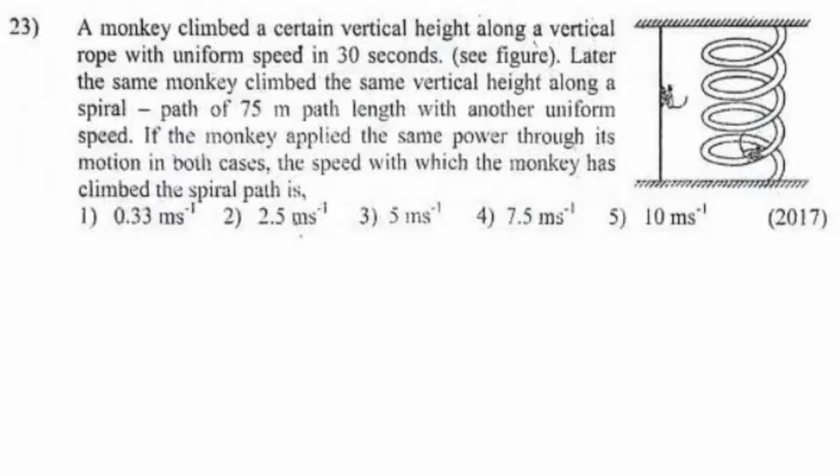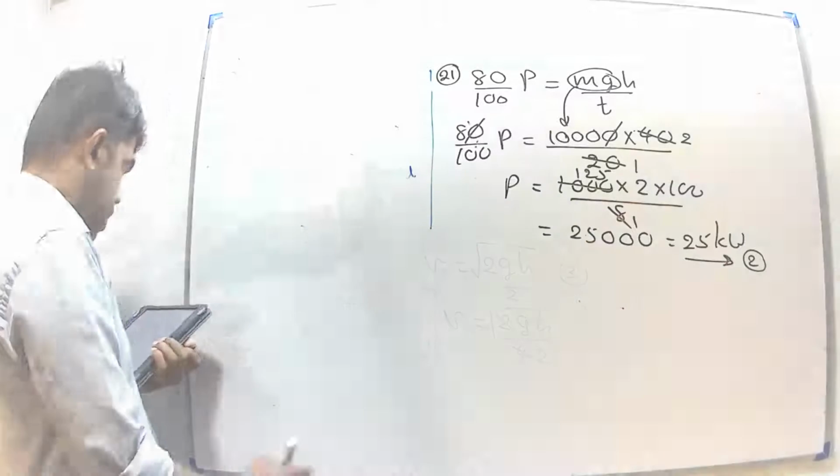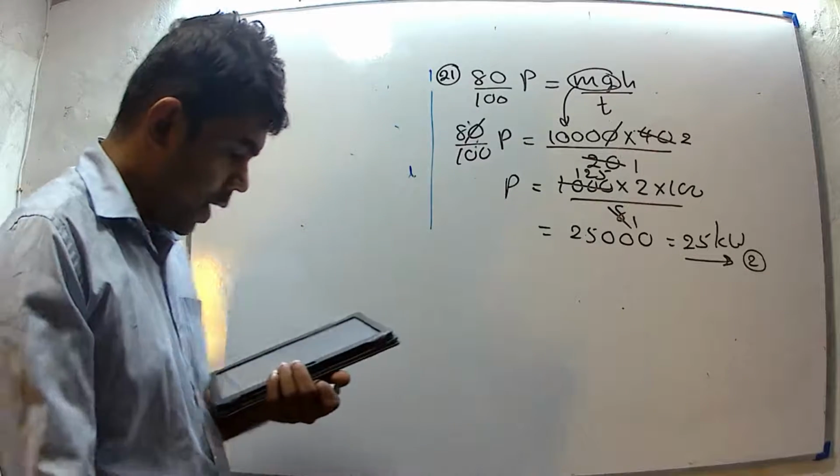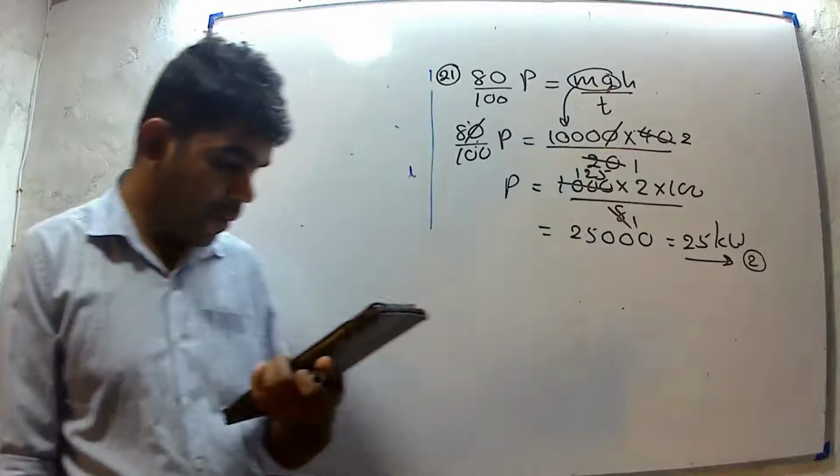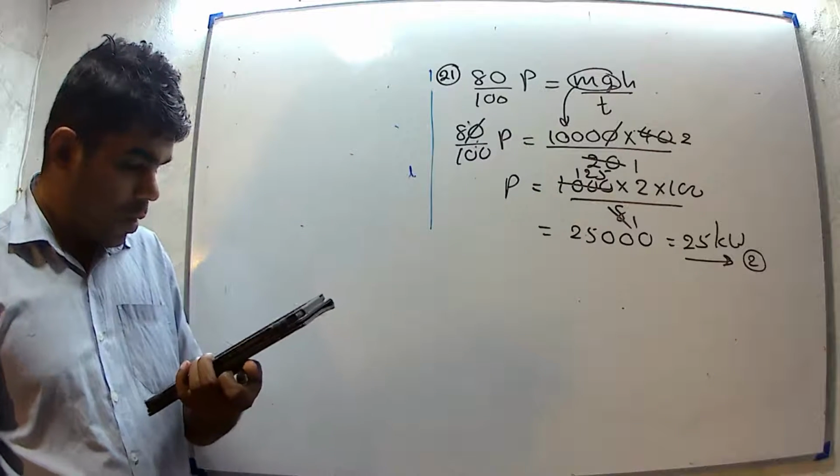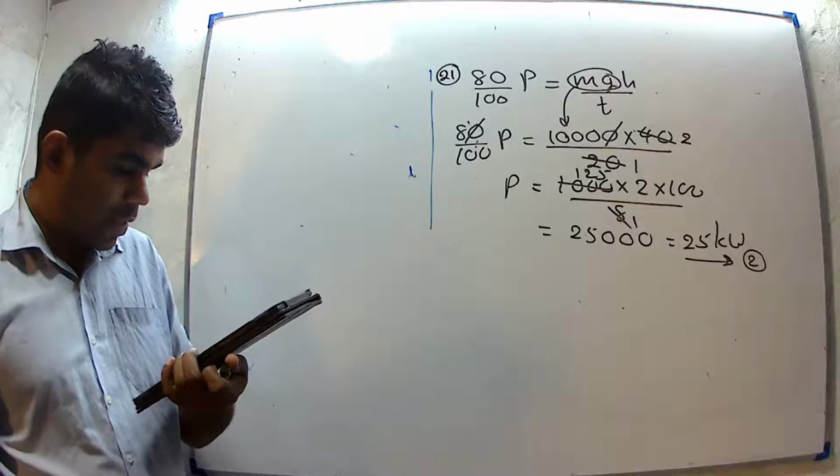If the monkey applied the same power to its motion in both cases, find the speed with which the monkey climbed the spiral path. For both situations, displacement is 75 meters.